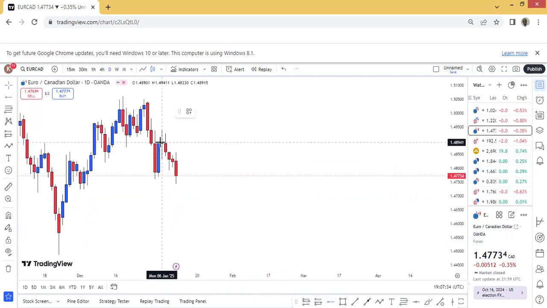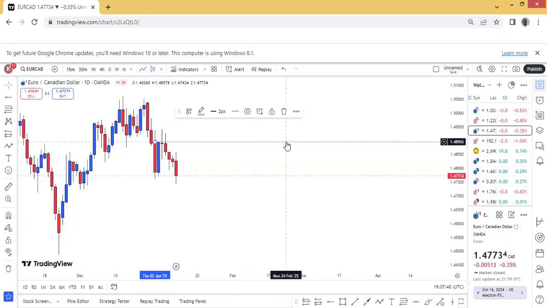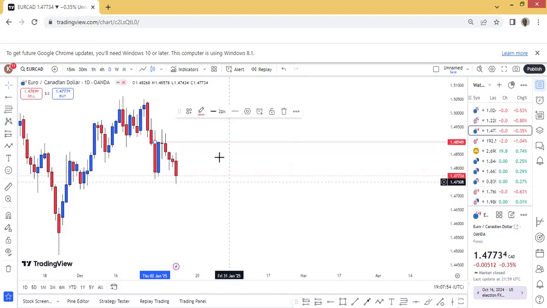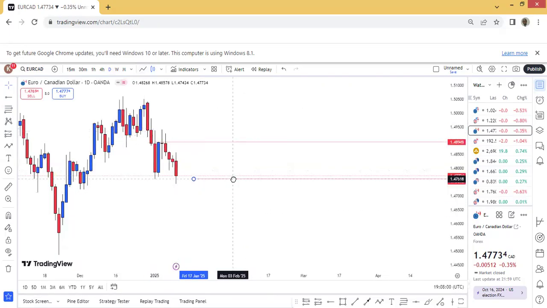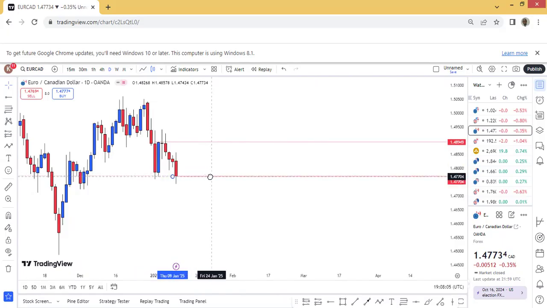And this is the lower high. Just be sure you find it only on the daily chart. And this is a new lower low because we've broken this low. Yeah. So the trend on the daily is bearish.